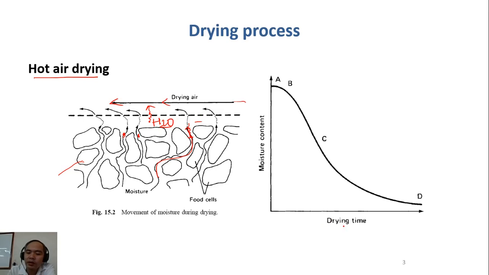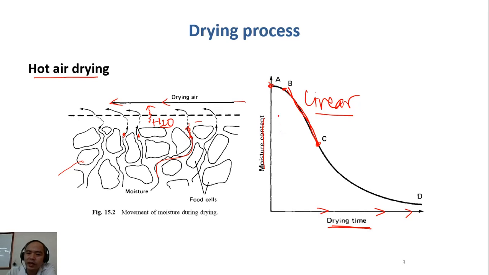If we look at the pattern of moisture content during drying, as you go along with drying, the part from A to B is actually called the initial period. We will see in a while. From B to C, it is linear.